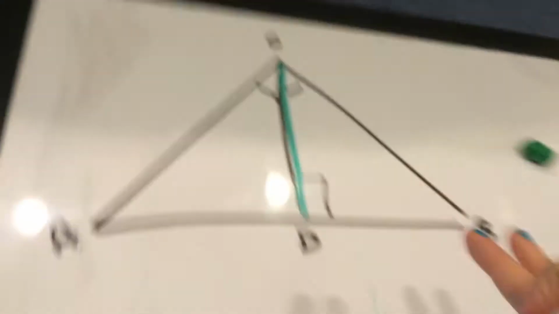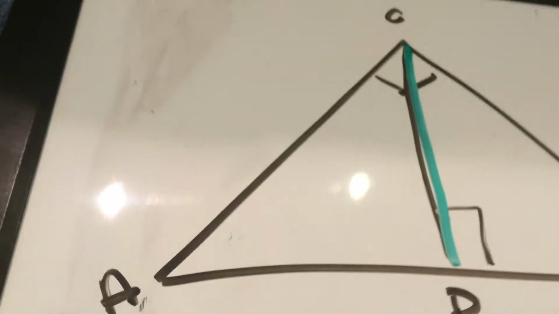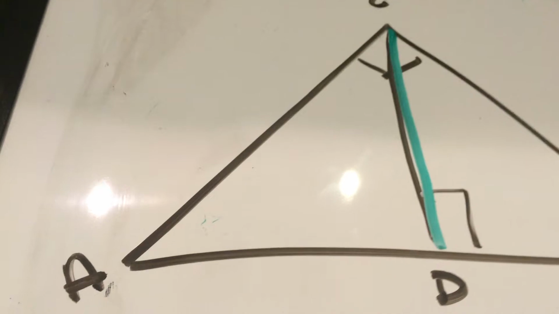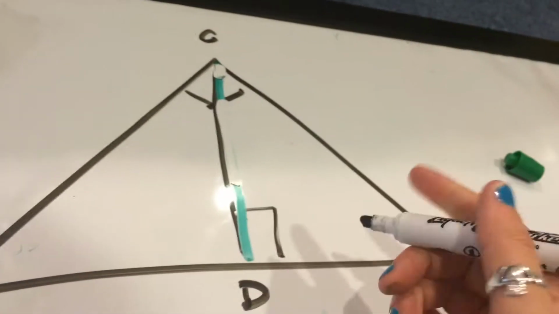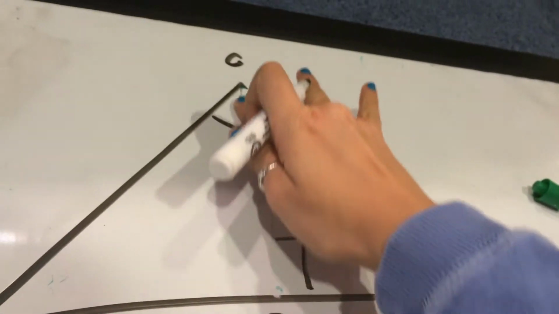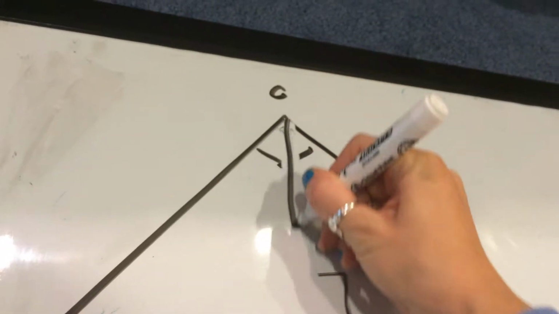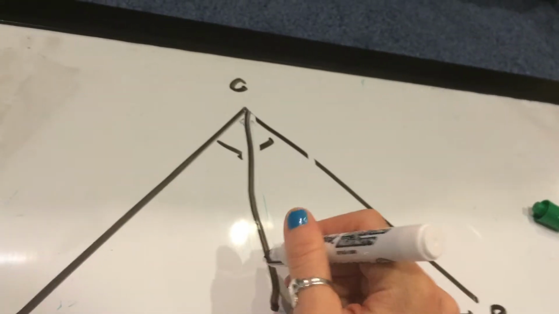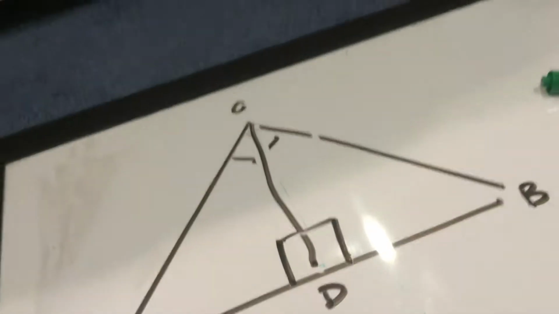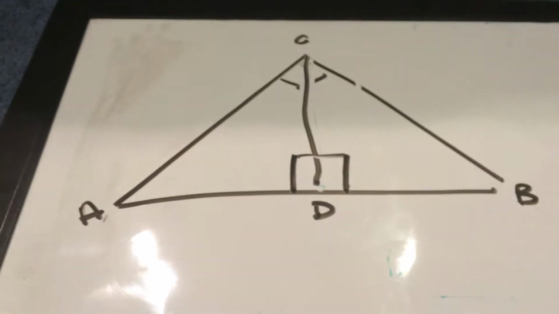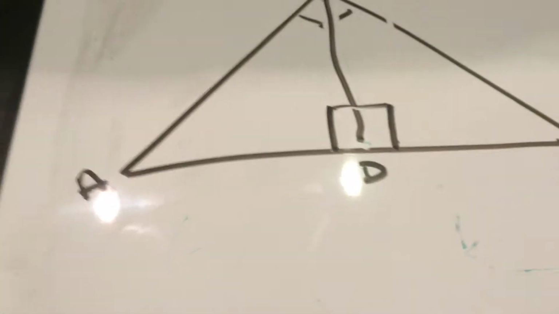Now let's erase. The other rule is if they give you a leg. That means if they're giving us any line in here that does not have the hypotenuse.